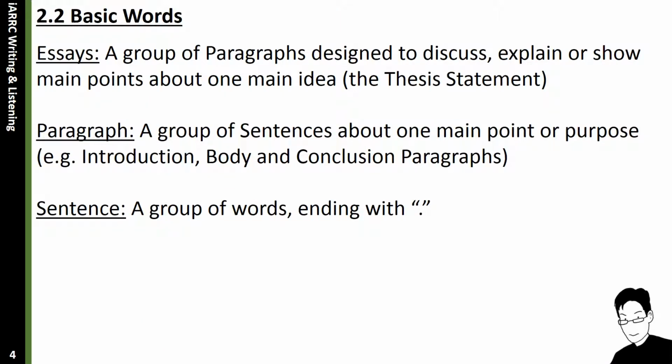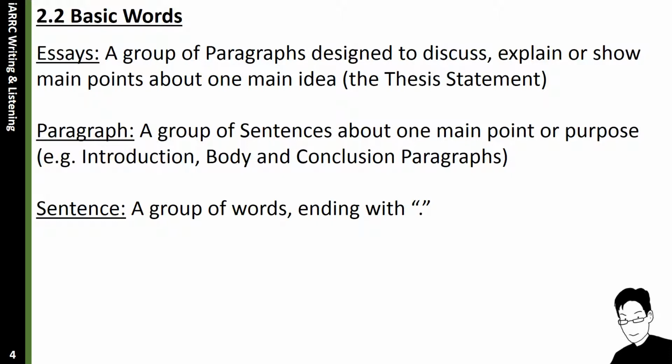Before we start, we need to think about what some basic words mean. An essay, to begin with, is not a kansorban, although it looks like a kansorban. An essay is a group of paragraphs designed to discuss, explain, or show main points about one main idea or objective. This main idea or objective is often called the thesis statement.